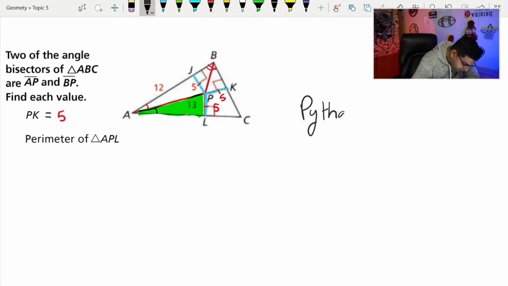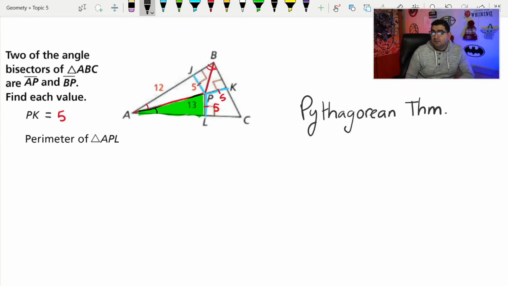We also used this for some of the problems in the circumcenter video. Basically, if we know two sides of a right triangle, we're able to find the third side. The one side that I do not know right now is the distance between A and L. I know from A to P is 13, from P to L is 5. In order to find the perimeter, I am missing this side right here with the question mark.